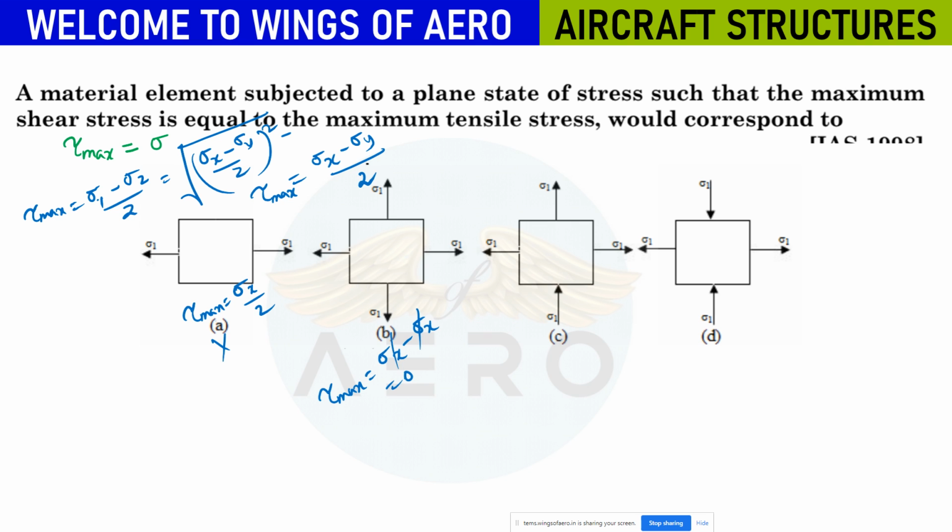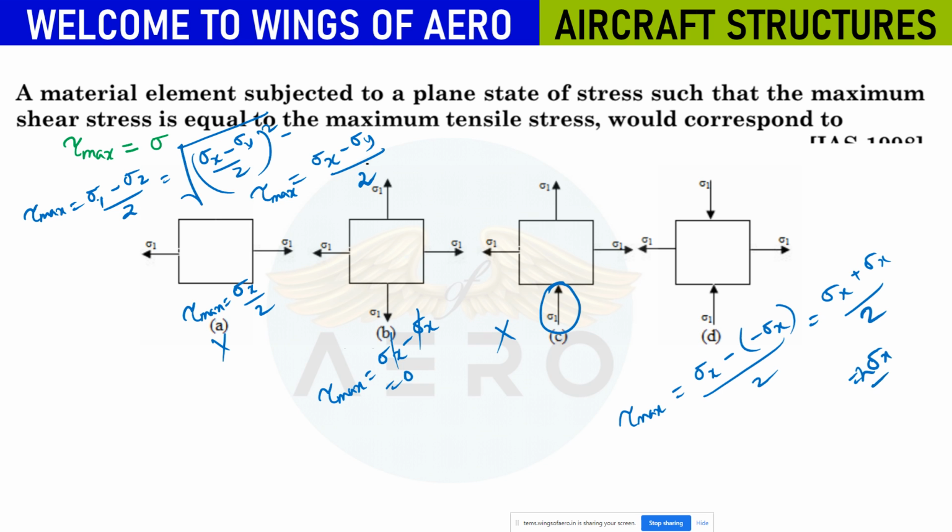Now here also, see this figure itself, it is not balanced, so just leave it. Now you see here we have sigma x minus of minus sigma x, by 2. So we will get twice of sigma x by 2. You got it?